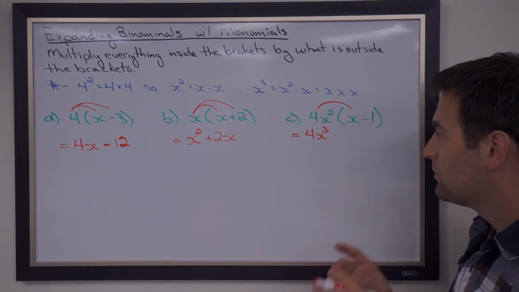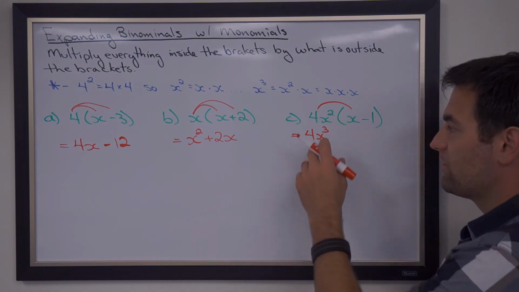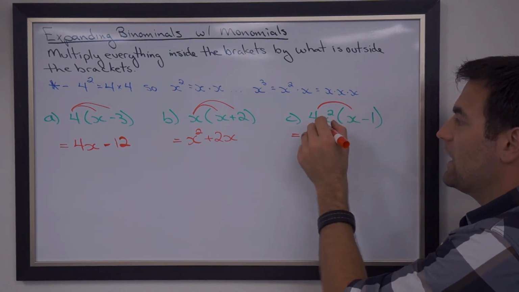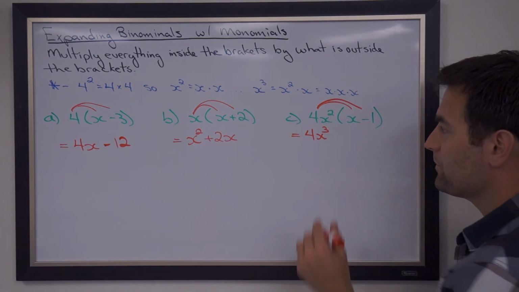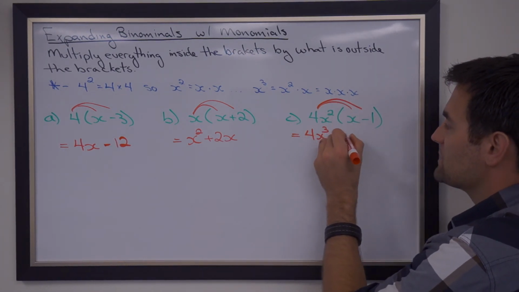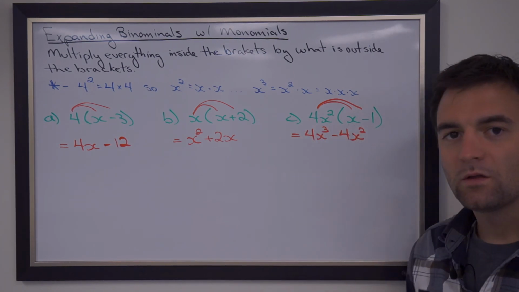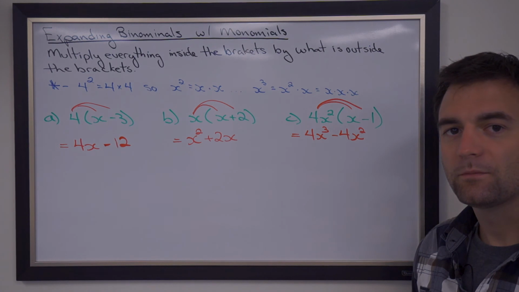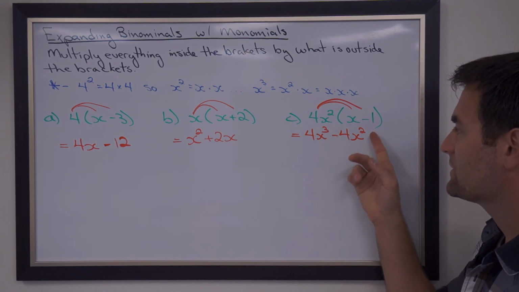So the numbers multiply with numbers and letters multiply together to combine with the letters. So 4x cubed, and then 4x squared times negative 1. Well, 4 times negative 1 is negative 4, and then the x squared gets tacked on the end. 4x cubed minus 4x squared.